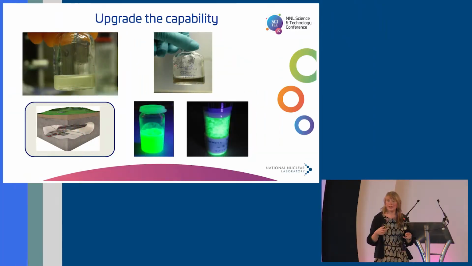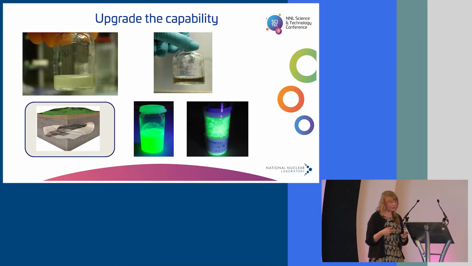As I've spoken about earlier, what we'd like to do is expand the capability. In another body of work that I've been involved in, I've set up, or helped to set up, a new capability where we can grow bacteria in an aseptic and anaerobic environment.